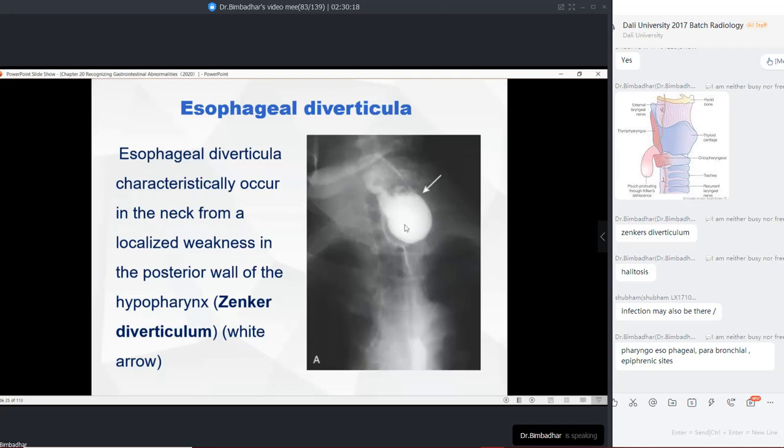So that is the only direct diagnosis. See, the condition is difficult to diagnose clinically, but on radiology, you see how simple it is. So that's the reason the investigation of choice for an esophageal diverticula is the barium swallow technique. Okay, barium swallow is the investigation of choice.